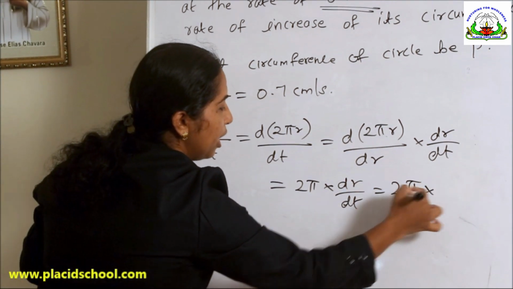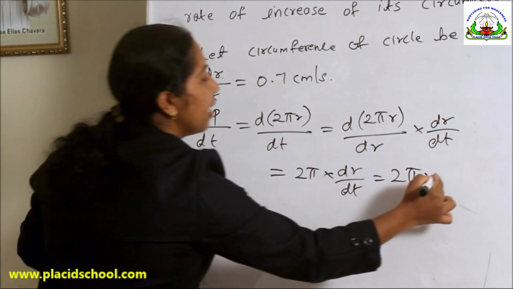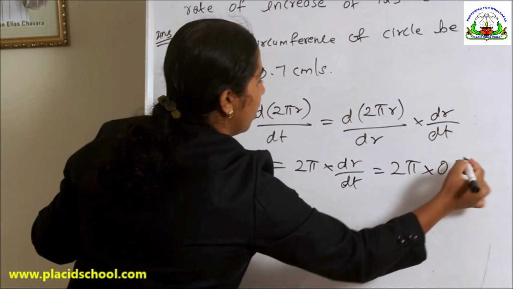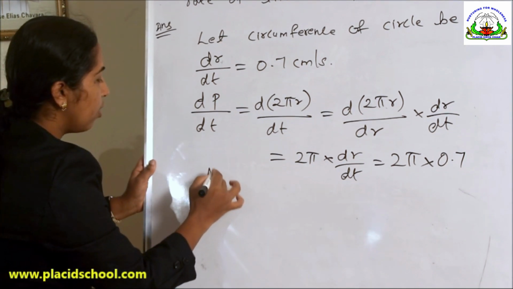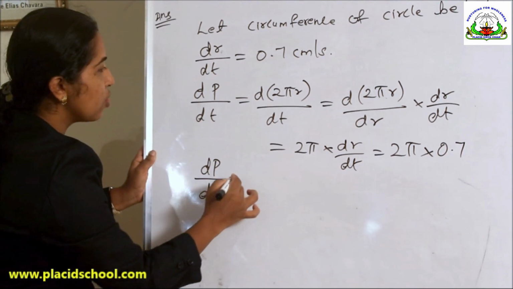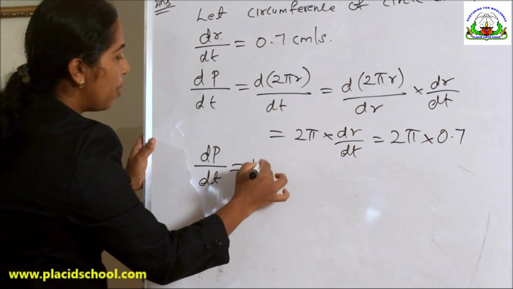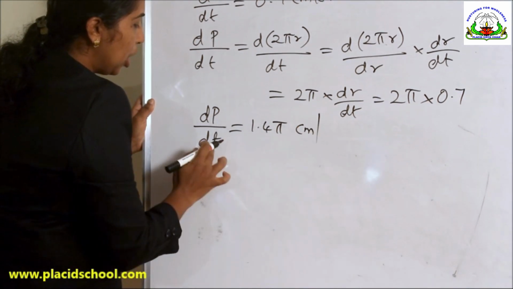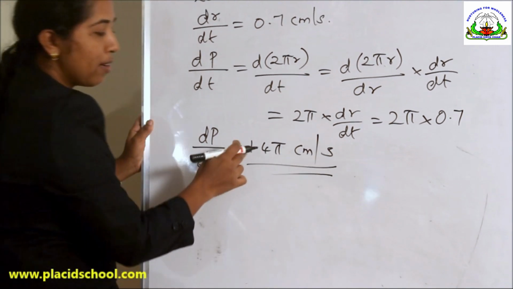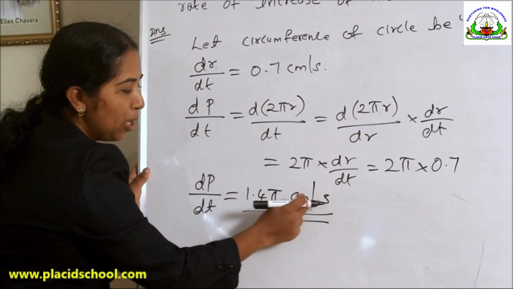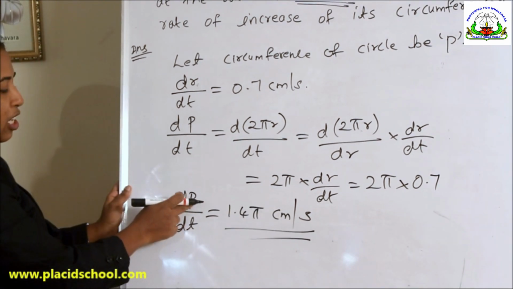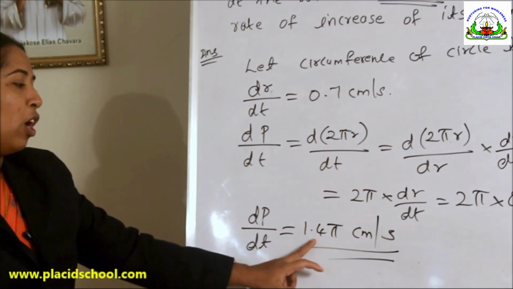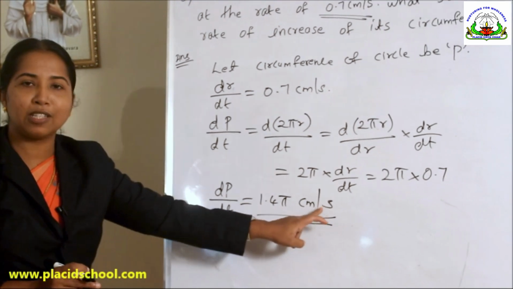This is 2 pi into, in the place of dr by dt, I can substitute 0.7. Hence, the rate of change of circumference with respect to time is 1.4 pi, unit for circumference centimeter, unit for time seconds. So the answer is 1.4 pi centimeter per second, or the circumference is changing at the rate of 1.4 pi centimeter per second.